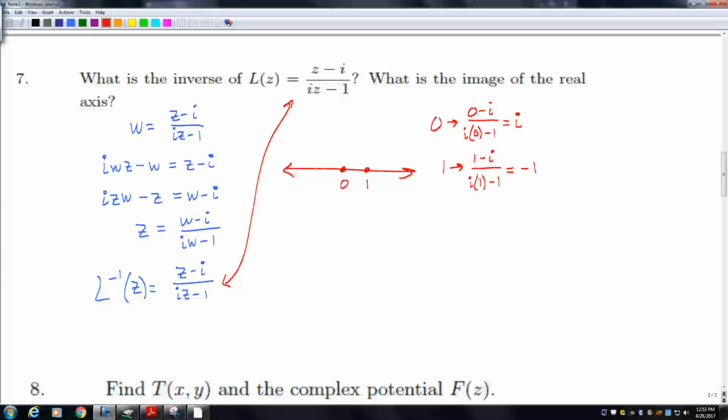And we can try another one here. We can try negative 1 if you like.